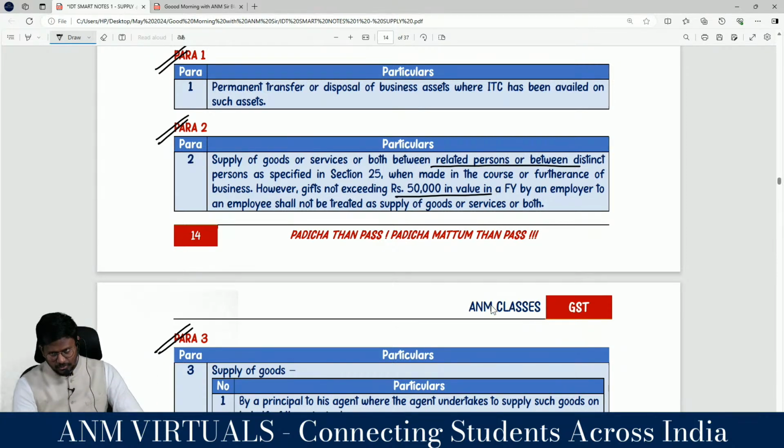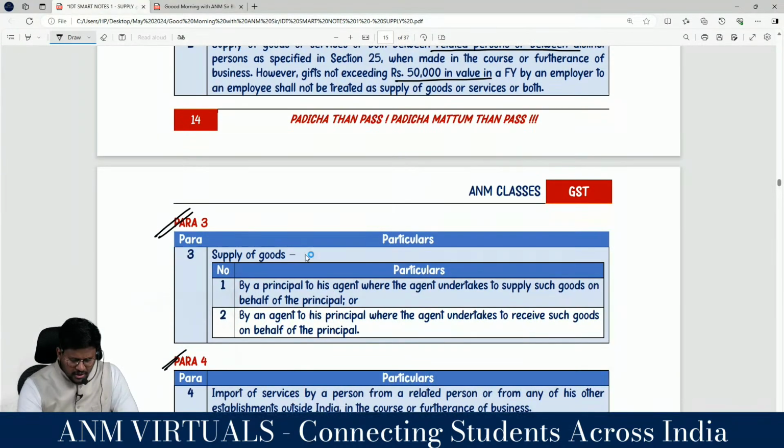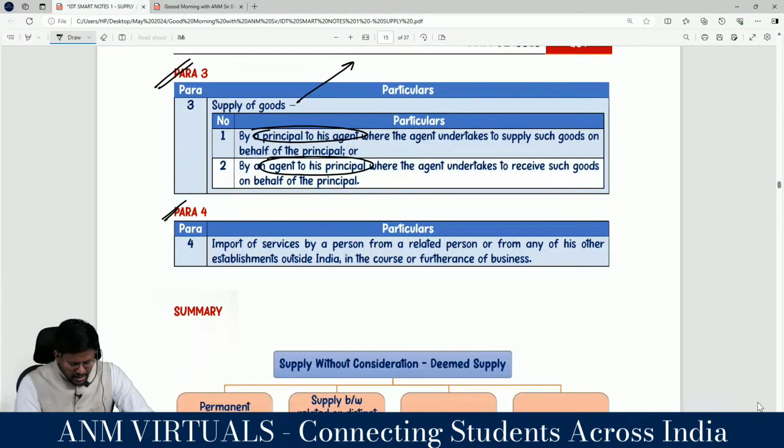shall not be treated as supply. That means if an employer gives a gift to an employee, up to 50,000 rupees in a year need not be treated as deemed supply. Supply of goods only, it does not apply to services. Supply of goods by a principal to his agent where the agent undertakes to supply such goods on behalf of the principal, or by an agent to his principal where the agent undertakes to receive such goods on behalf of the principal.